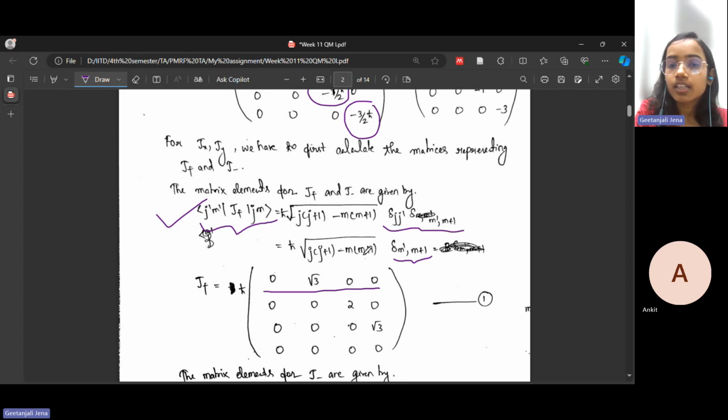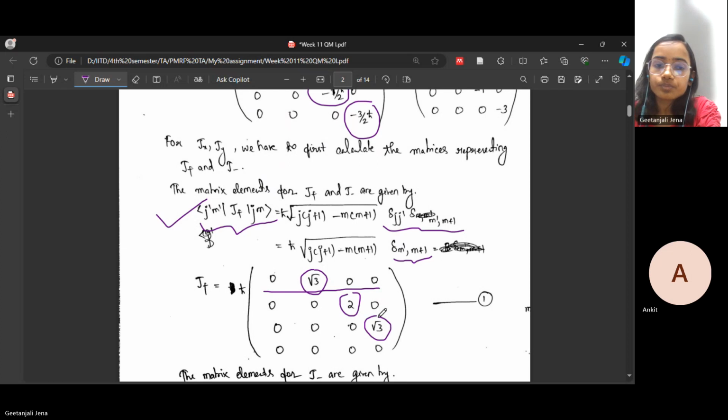If they are same, then they will give a non-zero value. So if you calculate in this way, then what you can see, for the j plus operator, only the 1 2 element, then 2 3 and 3 4, these three elements will be non-zero and other elements will be 0. Okay, so this is for J plus.